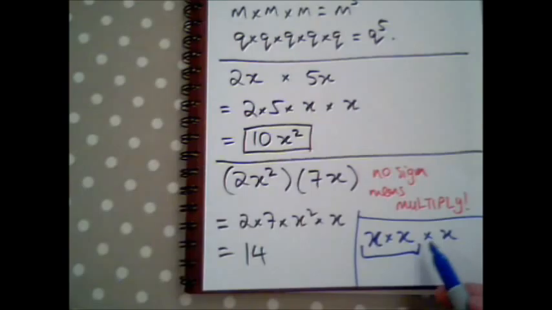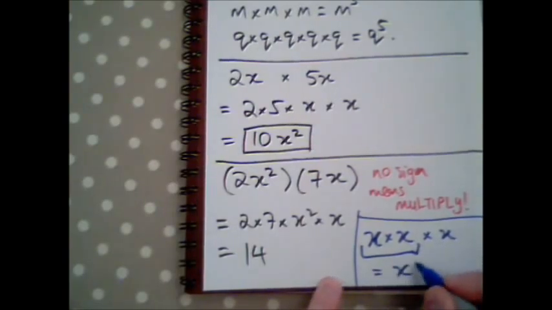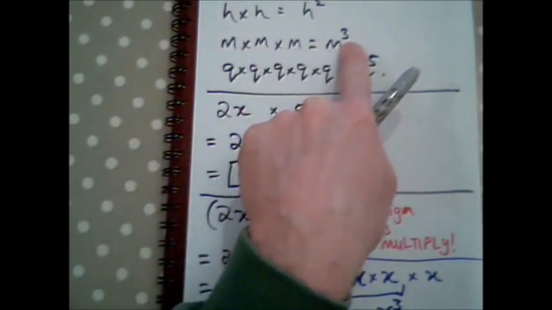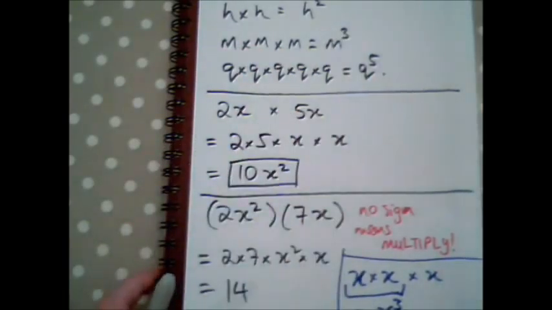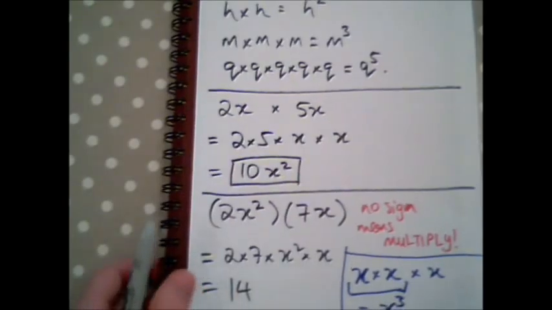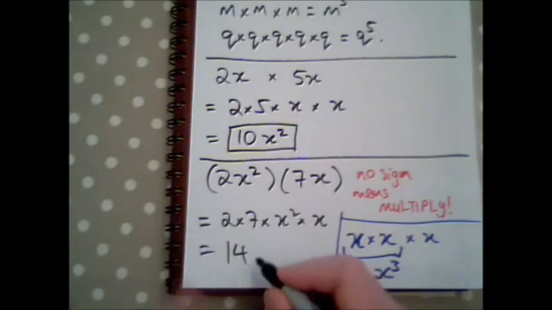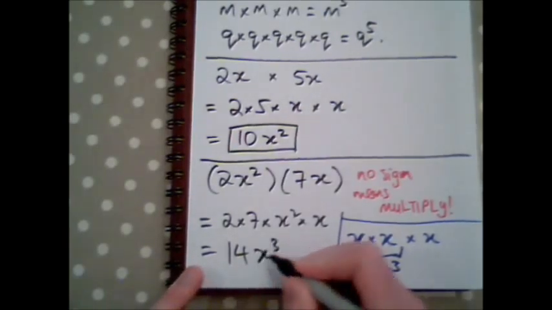They're not being added, so it's not 3x. They're being multiplied. So this is x to the power of 3. Alright, just like at the top of the screen there, we have m by m by m is m to the power of 3, or m cubed. So x by x by x down at the bottom of the screen is x cubed, or x to the power of 3. So this is 14 x cubed.